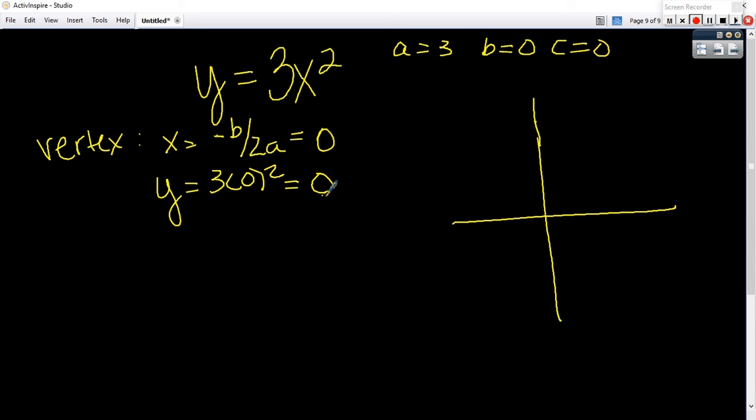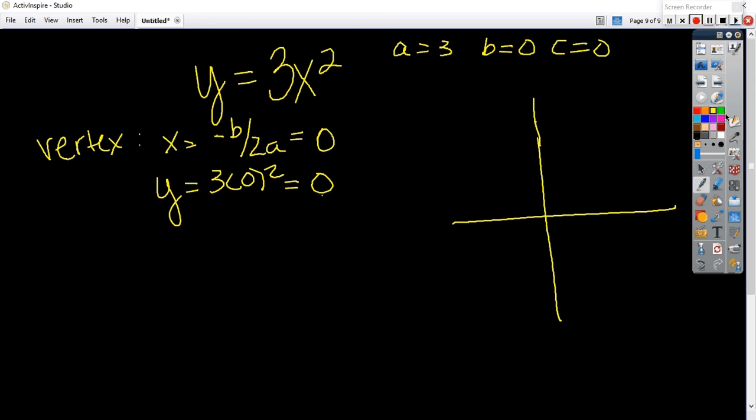So that's the vertex. Yep, it is (0, 0). Also, it's my axis of symmetry. So now, I did this one because I wanted to do one where you couldn't use the y-intercept. In this case, the y-intercept is my vertex. So I need another easy point. Plug in like 1. That's a great suggestion.